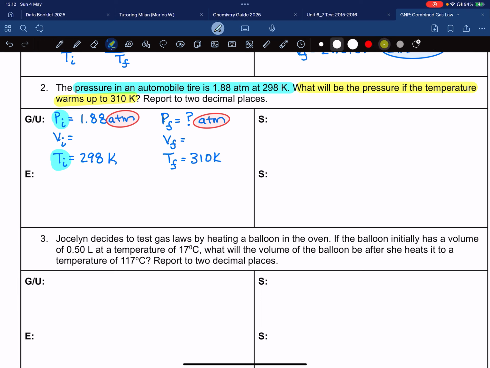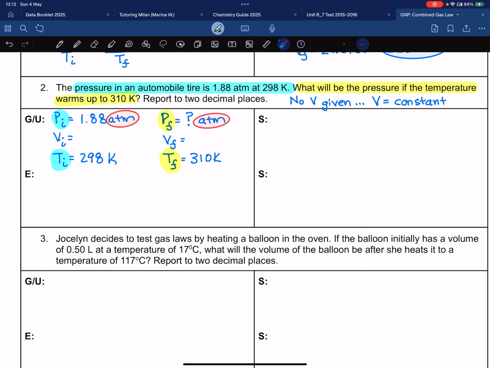310K. Now, let's think about this whole volume thing for just a moment. They don't give you a volume, and the reason that they don't give you a volume, no V is given, because volume is constant. The volume doesn't change, right? It's an automobile tire. The size of the tire is not changing, right?